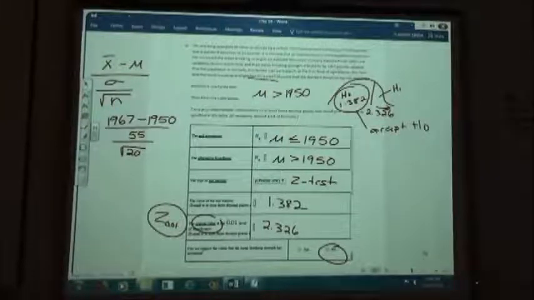Oh, did I do one wrong? Oh, yeah, it looks that way. Let's look at that again. So hit stat and go to test. Number 1 is your z-test. There, 1950. The standard deviation was 55. Oh, this is supposed to be 20 instead of 50. This problem, we only had 20 in our sample. And then we want to do the greater than, and then go to draw.